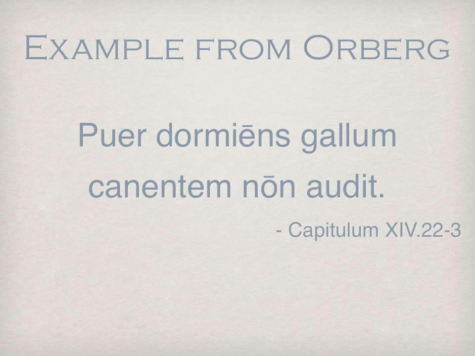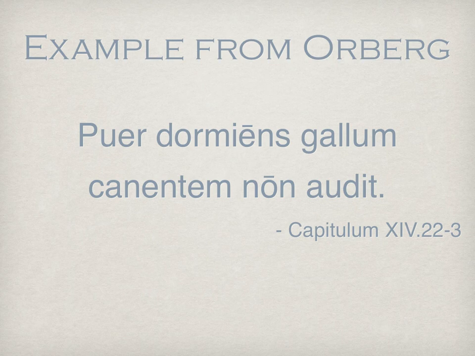All right, and then if we were to work with the other participle, canentem, we might use an idea of concession there. The sleeping boy does not hear the rooster in spite of the fact that he's crowing. So we might be thinking, well, just on the basis of the context, if the rooster is crowing, that should wake up a sleeping boy.